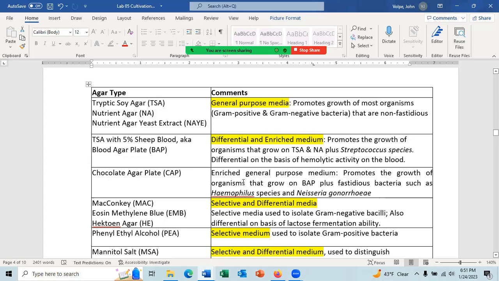It's sometimes used to grow Haemophilus or Neisseria gonorrhoeae, which are fastidious organisms that do not grow on blood agar because these organisms cannot lyse the blood to get the nutrients. So they need the blood to be lysed already on chocolate agar before those organisms will grow.